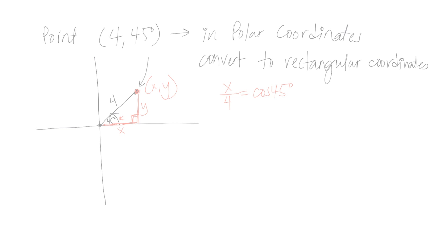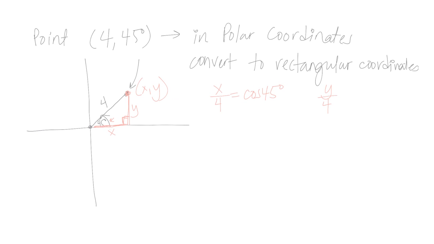To figure out y, y is the opposite side of 45 degrees. So that means y over 4, or the opposite side over the hypotenuse, would equal sine of 45 degrees, because sine is opposite over hypotenuse.